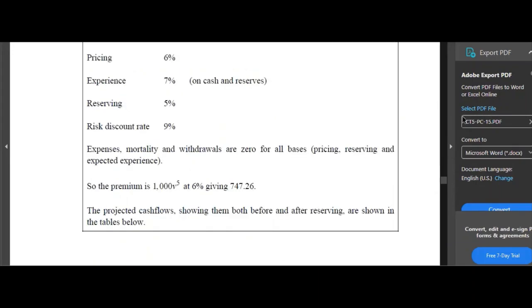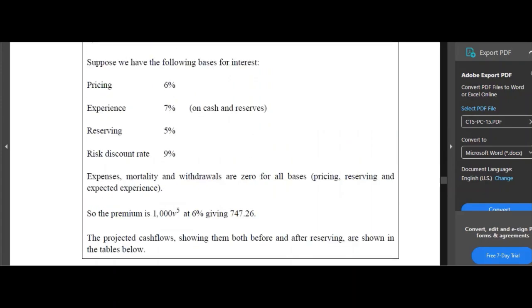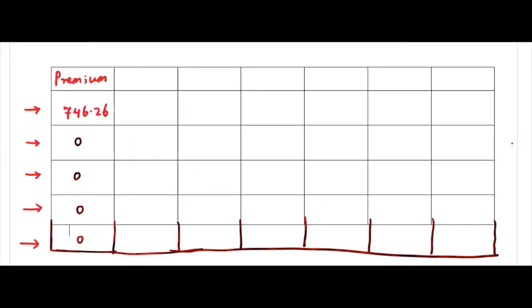That means if you don't use reserve, there is a verification. Then risk discount rate will be used separately. This is no use now. We'll use these three. There is no expense. Then interest. The premium will gain interest.